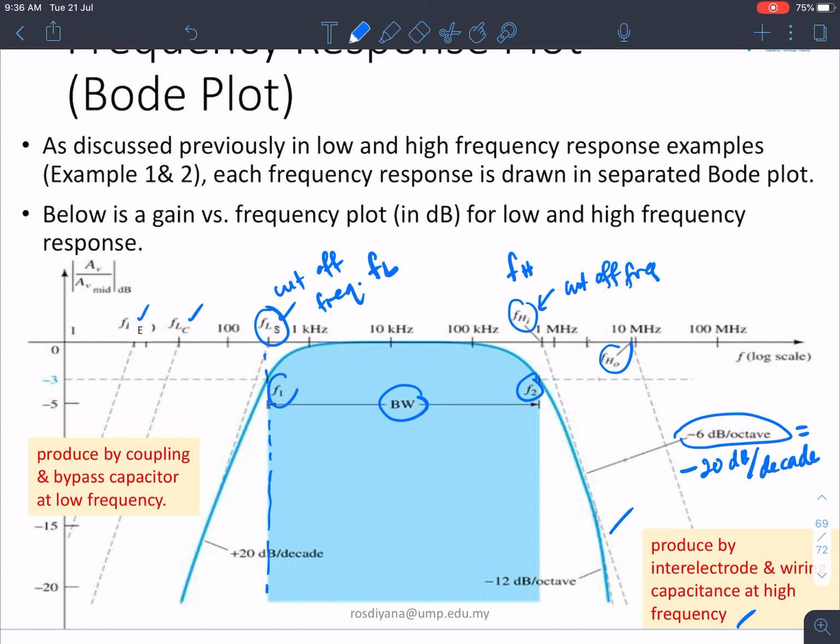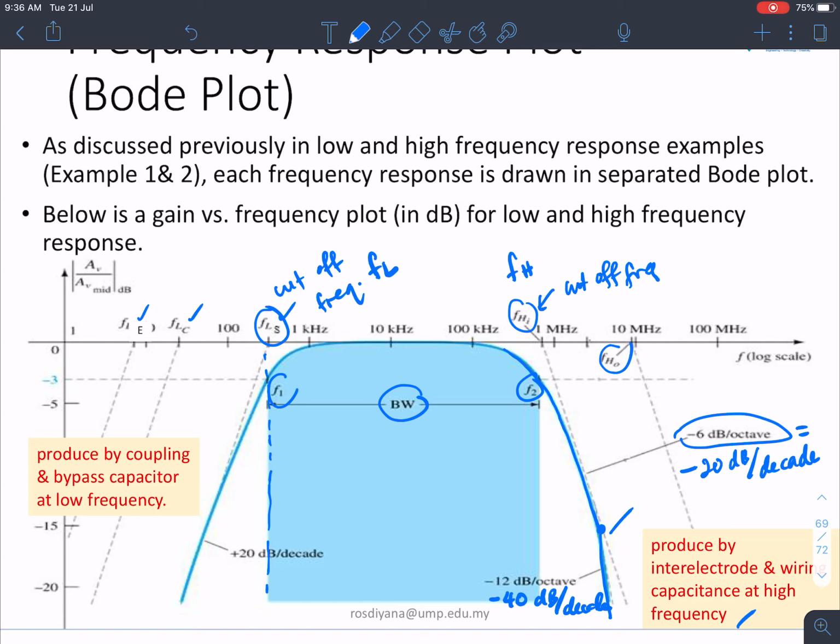Okay, so if you notice here, the curve has the same slope, negative 20 dB. However, at this point it will break again here and become negative 12 dB per octave. It means it becomes 40 dB per decade.